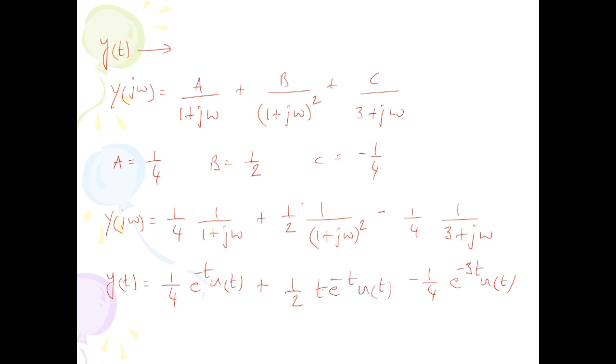So if we simplify, y of t is equal to 1 by 4 e power minus t plus 1 by 2 t e power minus t minus 1 by 4 e power minus 3t, into u of t. So applying the inverse Fourier transform, we can get back the response from the frequency response.